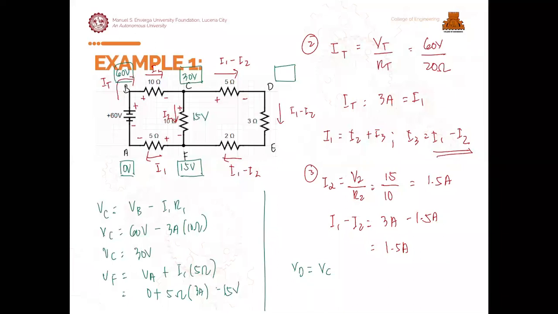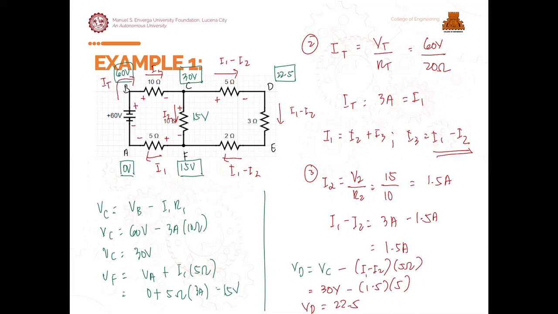So from 30, this is BC, minus I1 minus I2 times our 5 ohms. So 30 volts minus 1.5 times 5. The value of our voltage at point D will be 22.5. So this is 22.5, at point D.